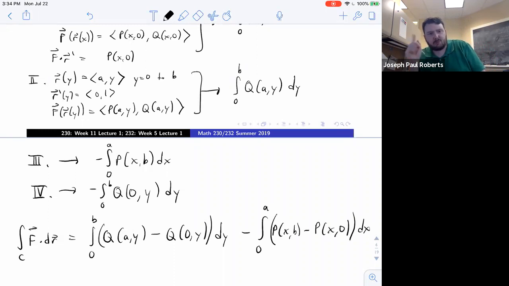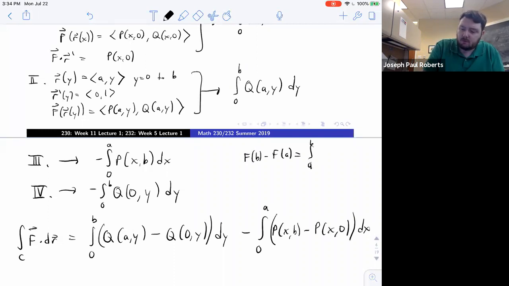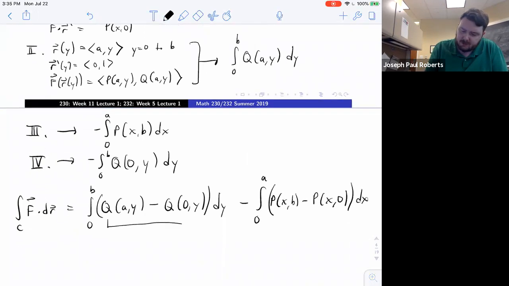And now here's where the real magic happens. I know from Calc 1 that the change in a function is always the integral of its derivative. So the change in f between two values is the integral of the derivative. And that's sort of what we have going on here. This is the change in Q between the values x equals 0 and x equals a.